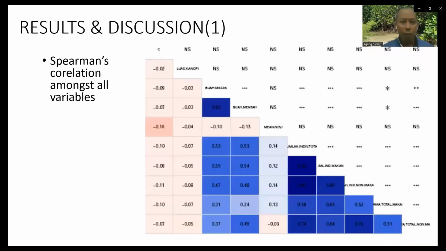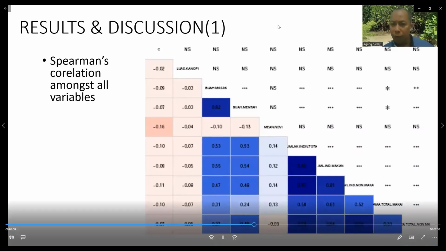The research showed that using Spearman correlation amongst the variables, we see that canopy size and the location, the NDVI, are always not significant among all other variables recorded, and the variables concerning the number of fruit and the number of ripe or unripe fruits are always significant here.